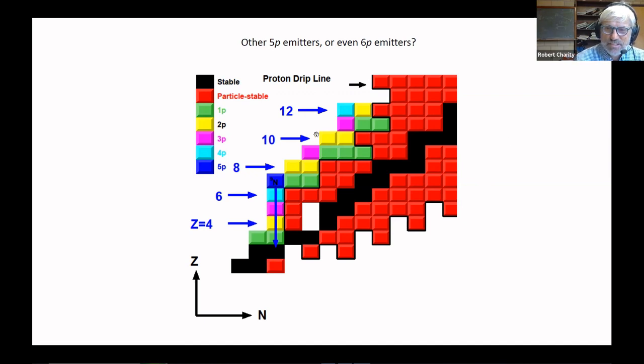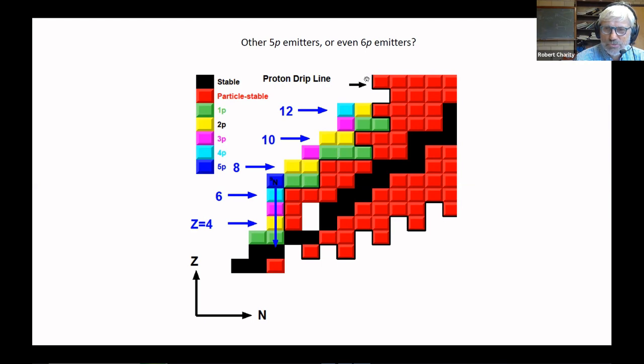And you can ponder, are there other cases, or can you even get 6 proton emitters? The next case you might consider for 5 proton emitters would be here. That's so far from the drip line. And I've already suggested that this case doesn't exist, so I don't think this would exist.